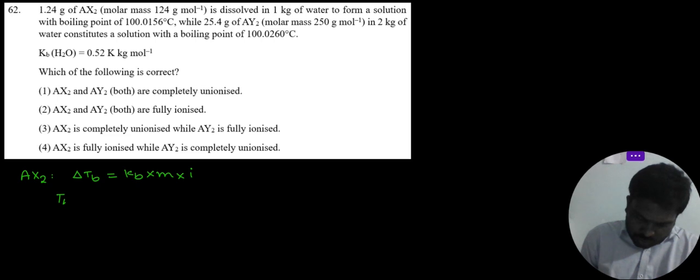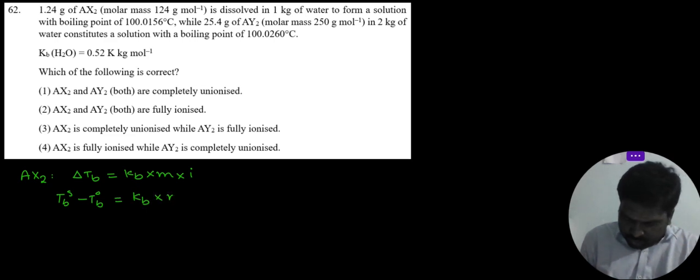Delta TB means solution boiling point minus solvent boiling point.